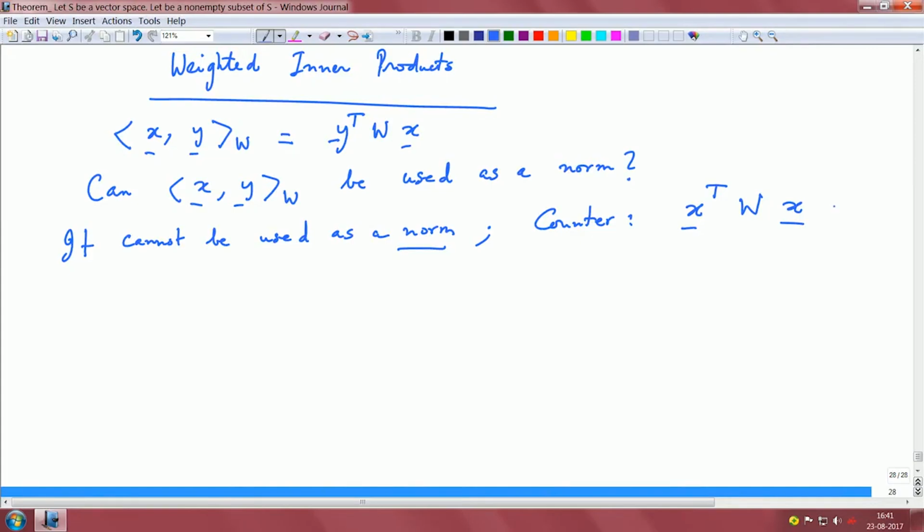And if it has to be a norm, this quantity x transpose Wx has to be strictly greater than 0 for your matrix W, right. And trivially when x is 0, then we know that condition, but for x not equal to 0, right, x transpose Wx has to be strictly greater than 0 for all x.